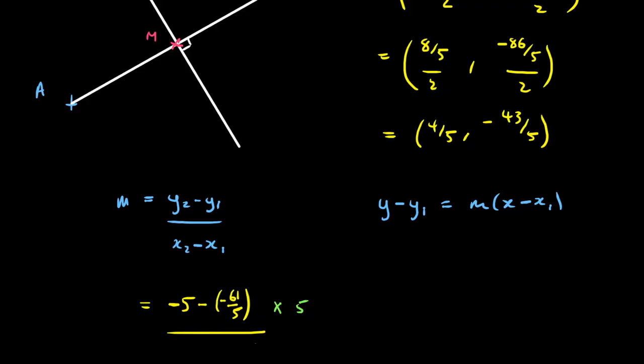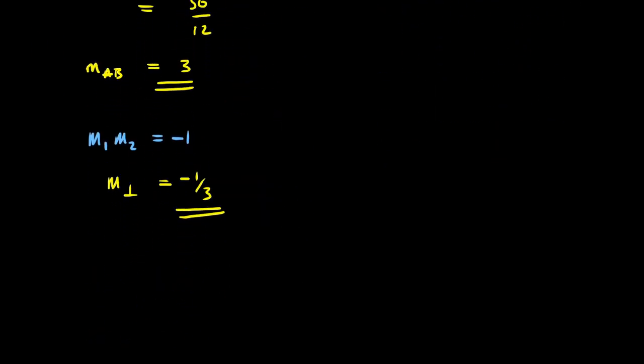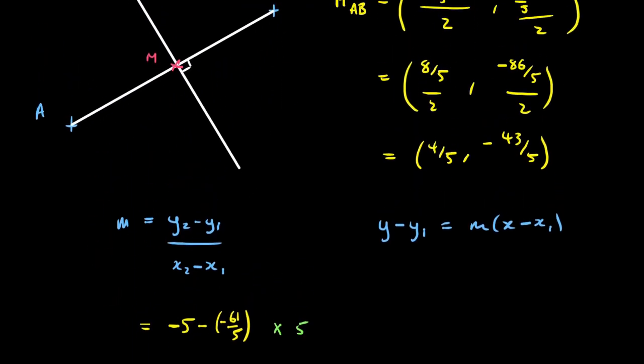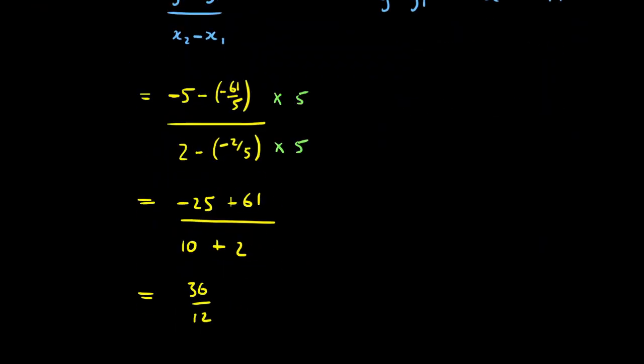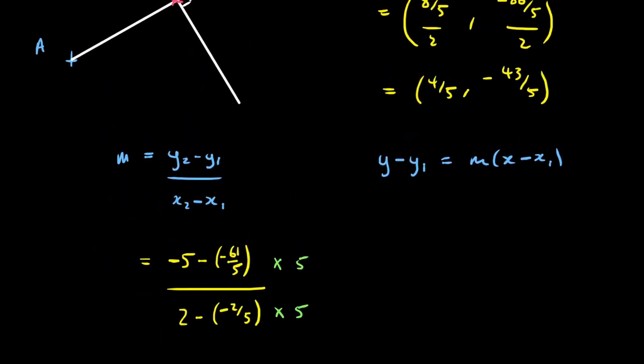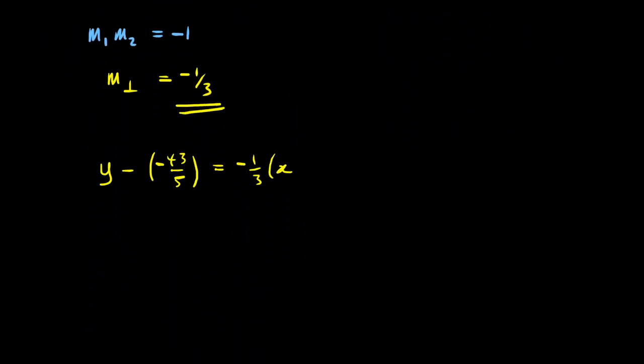So y minus y1, where our y1 was minus 43 upon 5. So we've got y minus minus 43 upon 5 is equal to m, which is -1/3, bracket x minus x1. And our x1 was 4/5, so we have x minus 4/5.